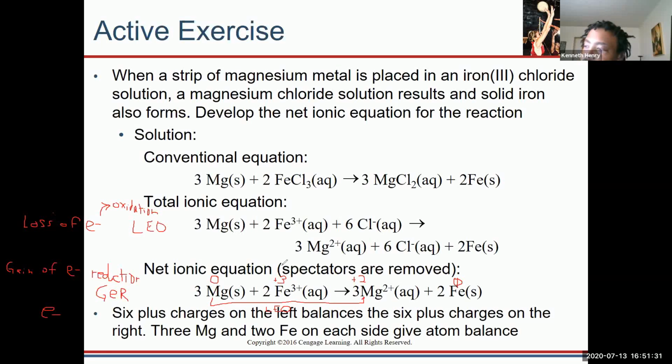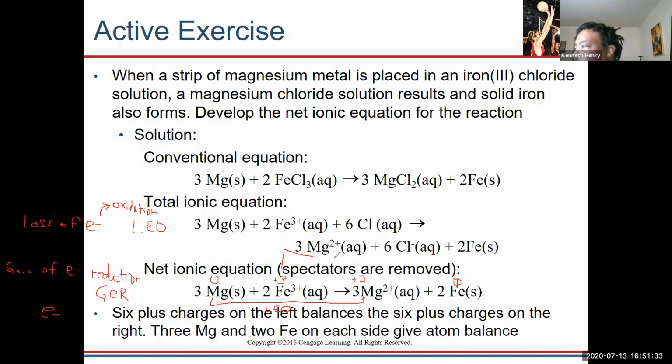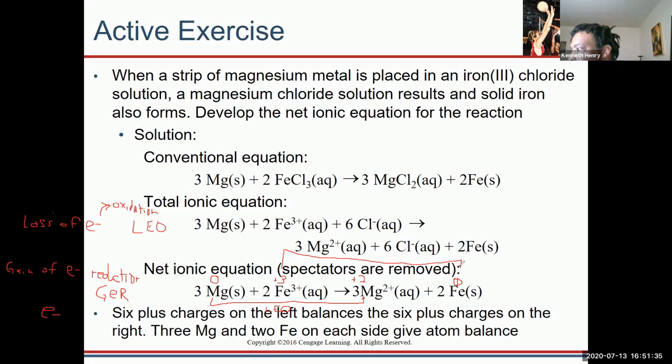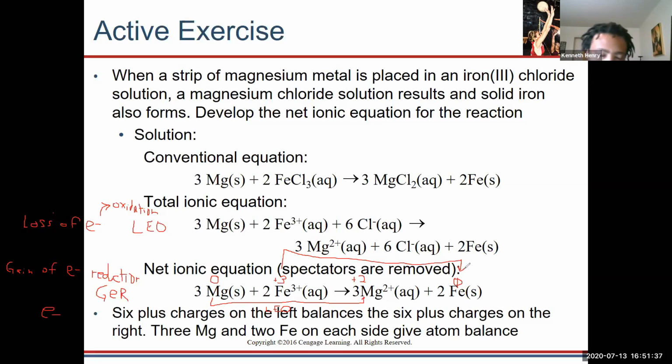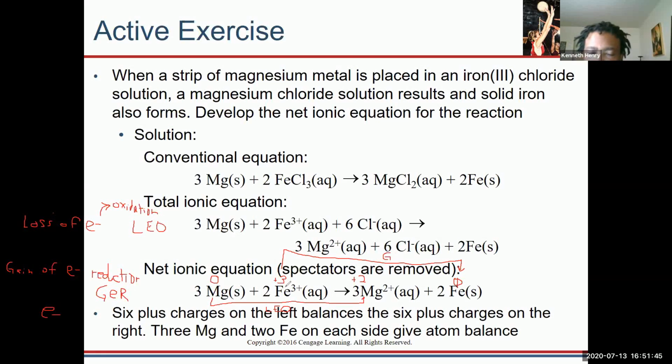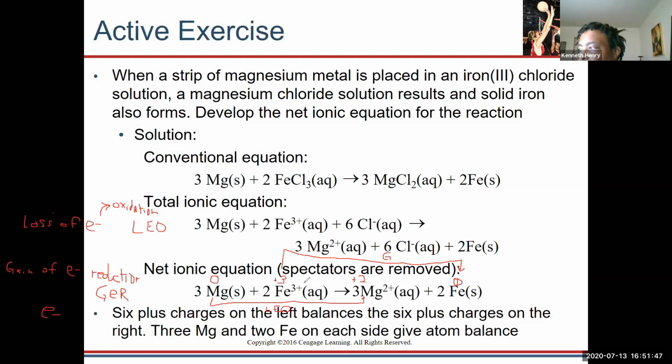If I'm going from +3 to 0, what am I doing? I'm gaining electrons, right? Because that is a positive charge. The only way that it's going to become a 0 charge is if we add electrons to it, right?